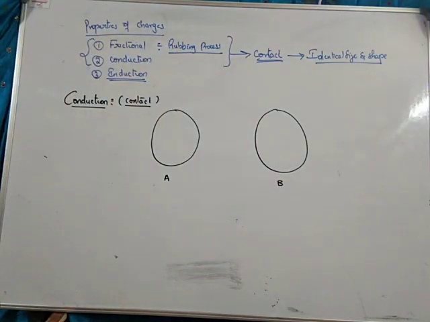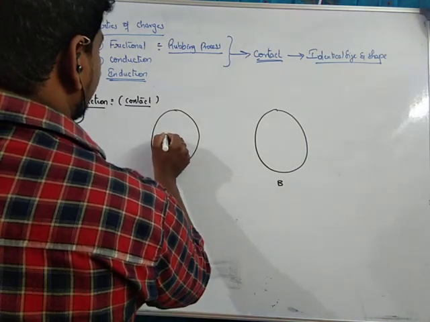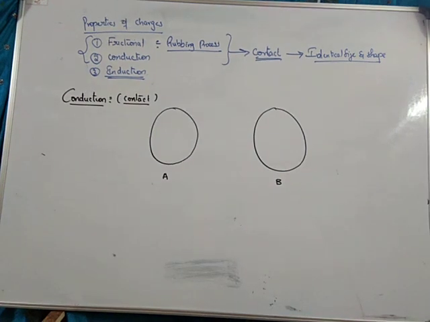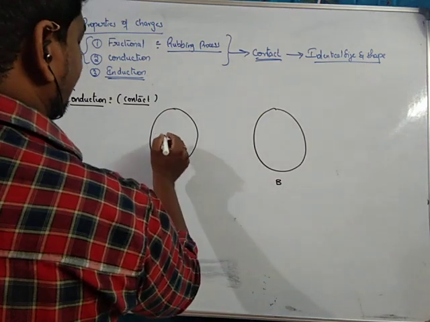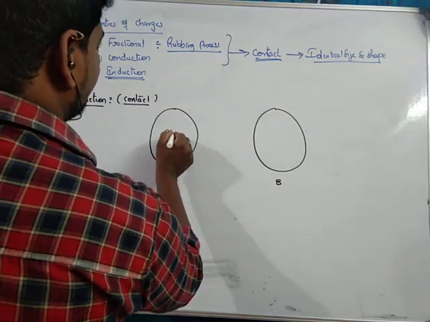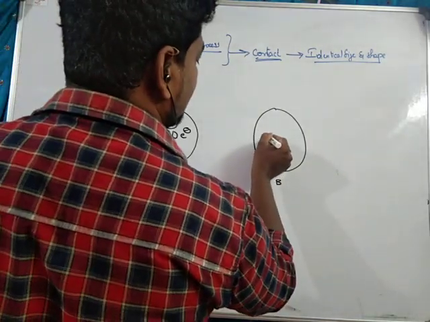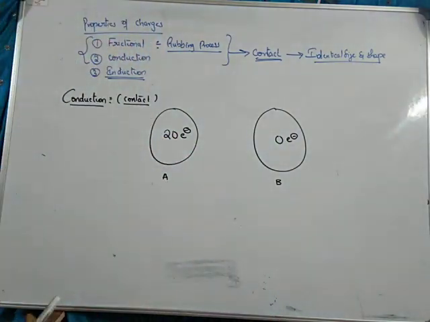Suppose we have A with a strength of 20 electrons and B is neutral, 0 electrons. Here we don't have any electrons.